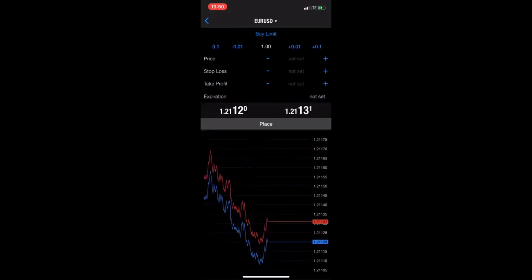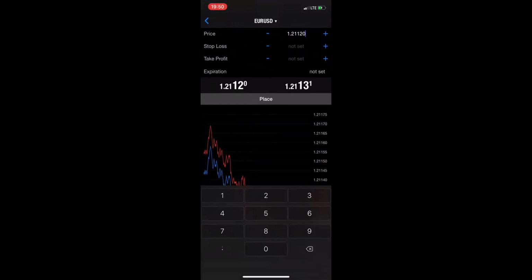Let's pick market execution and pending order for an example. For a pending order, the first thing they will ask you is: since you are not willing to buy at our price, what price are you willing to pay? So you put in your own price, the price that you are willing.